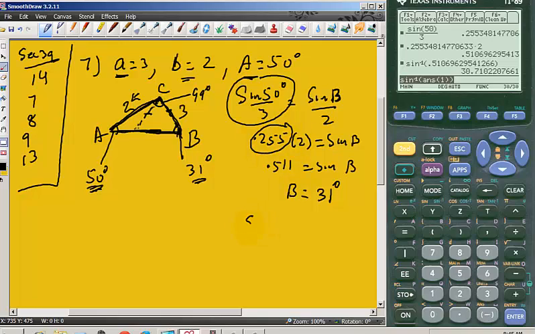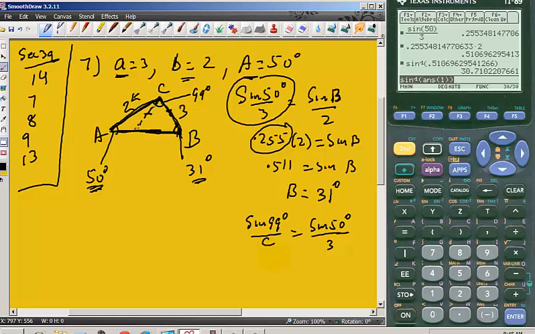So sine of 99 degrees is to side C as sine of 50 degrees is to... don't sleep on me there, Kevin. Getting ready to curl up like a little puppy in a corner.